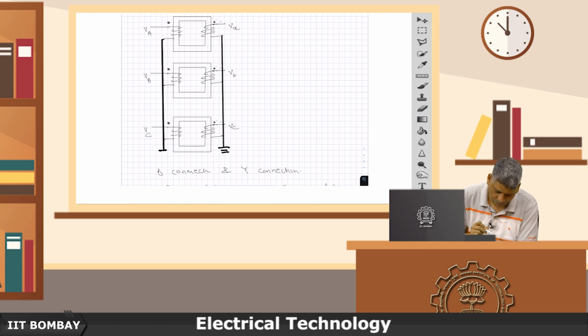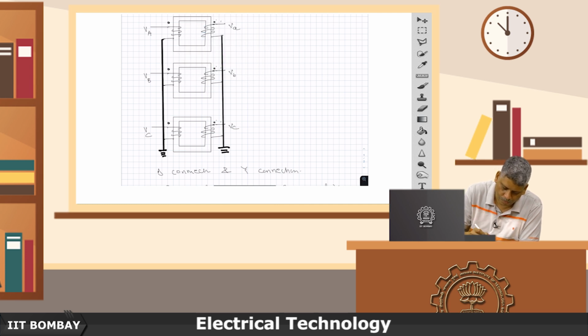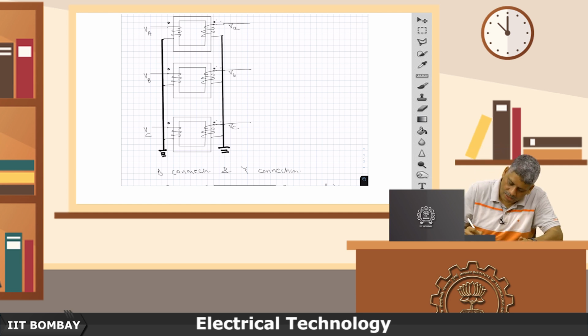So, I have connected a y ground interconnection. Now, this is my A phase, this is my B phase, this is my C phase. So, if you are asked what is the vector diagram as it is called for this interconnection.